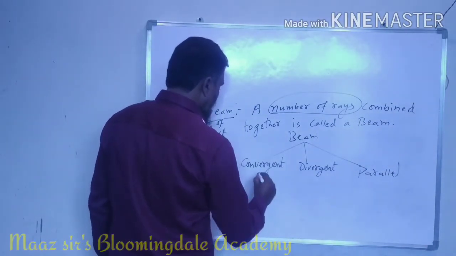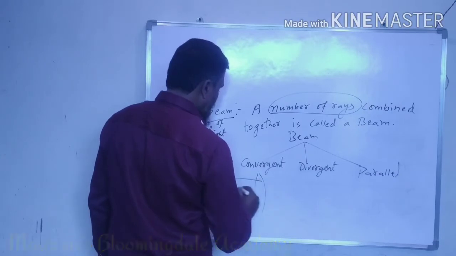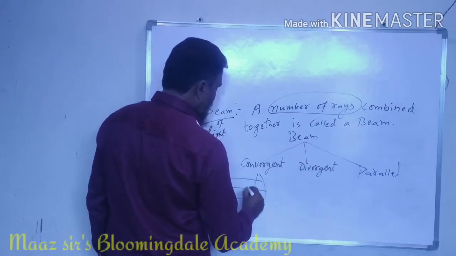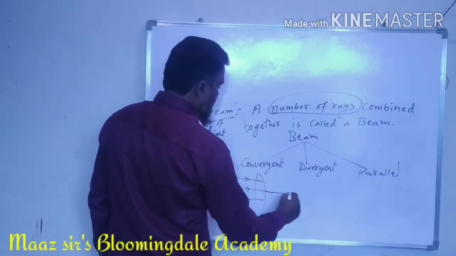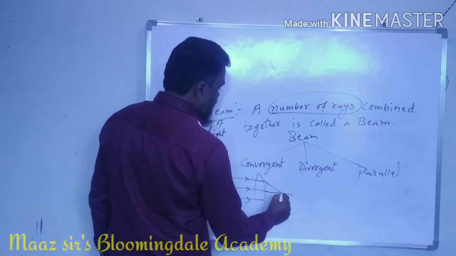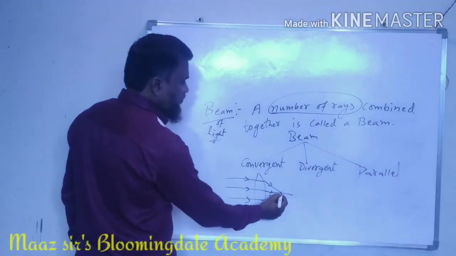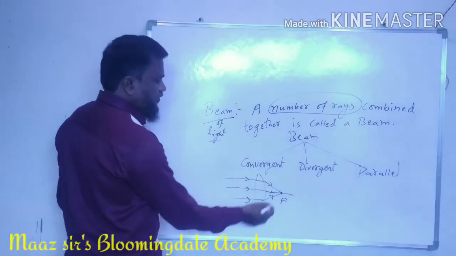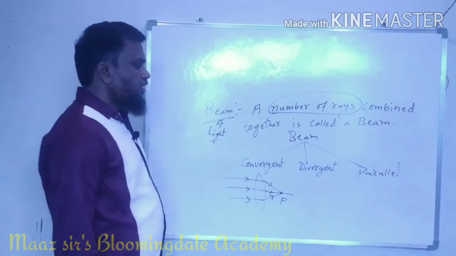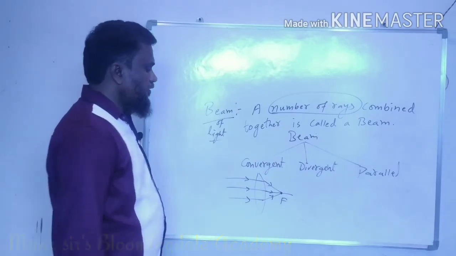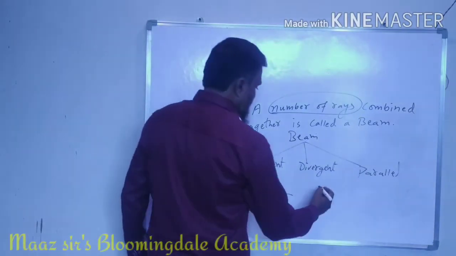So for example, I am taking a lens. If the incident rays are falling on this surface, what happens? They converge at a point, that is the focus. So these are known as a convergent beam of light.